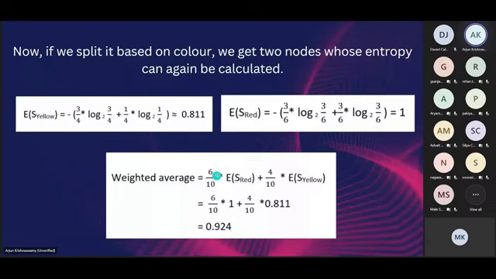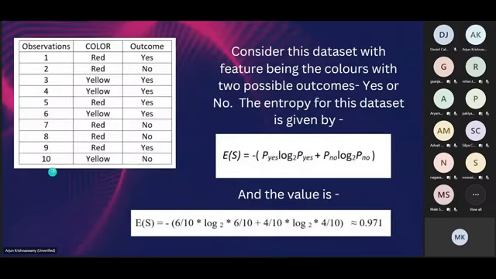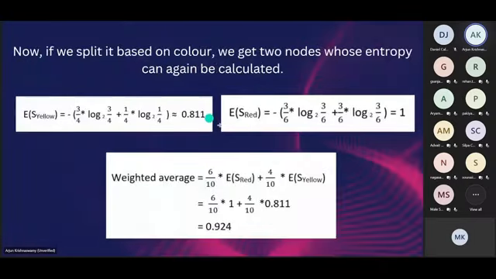Why 6 by 10? Because there are 10 observations and 6 of them are red, 4 are yellow. So 4/10 of it is yellow, 6/10 of it is red. So that is the weight. Then you multiply that with the individual entropy values and you get your weighted average.